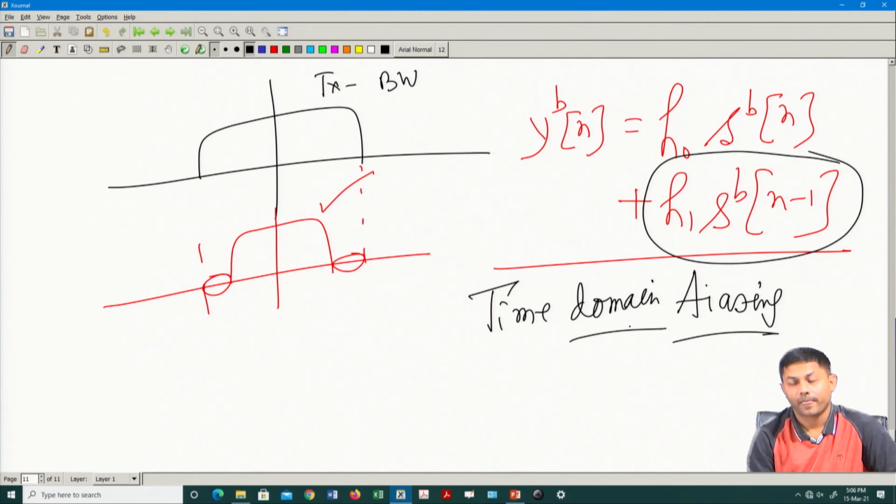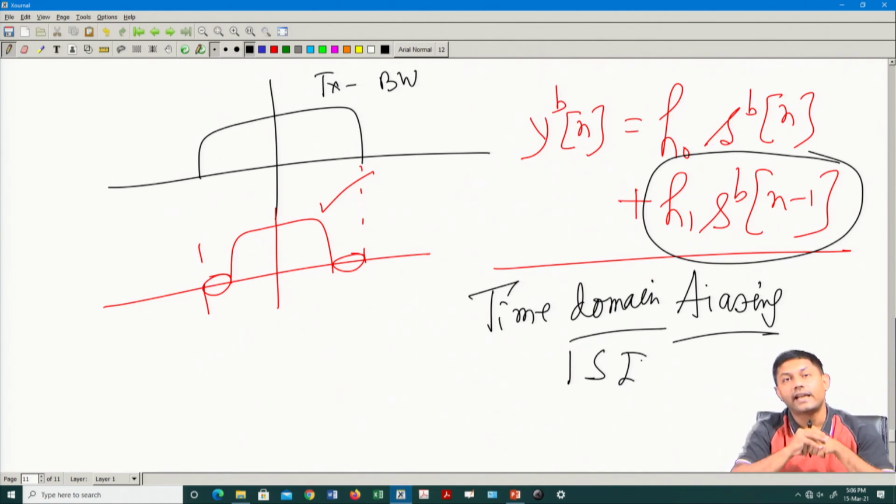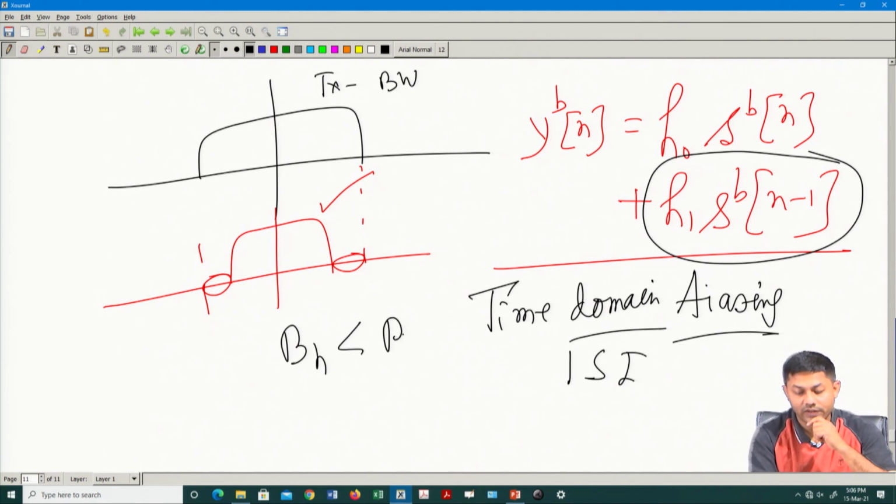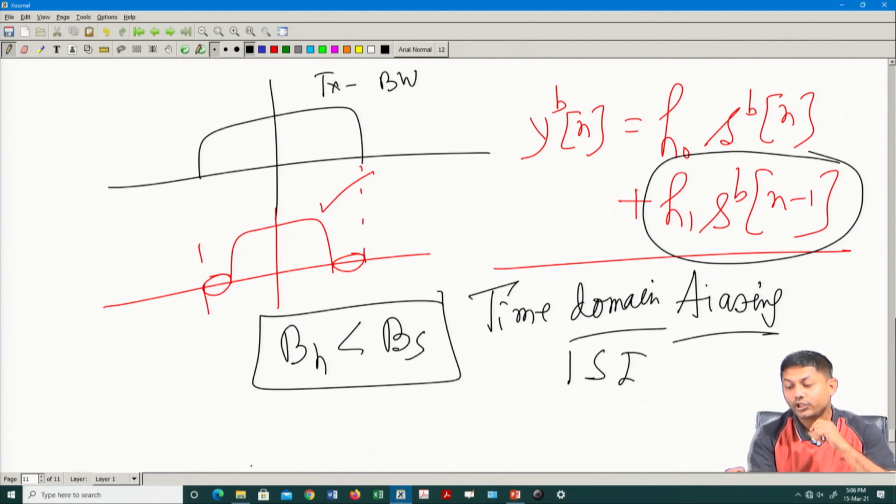Okay. So, this is also called ISI, intersymbol interference, because that means the previous data now gets aliased into my present data. So, it simply kills some of the present component, and that is precisely what is happening here. Which means that if the bandwidth of the channel is less than your Bs, the impact is that you will see this time domain aliasing or ISI.